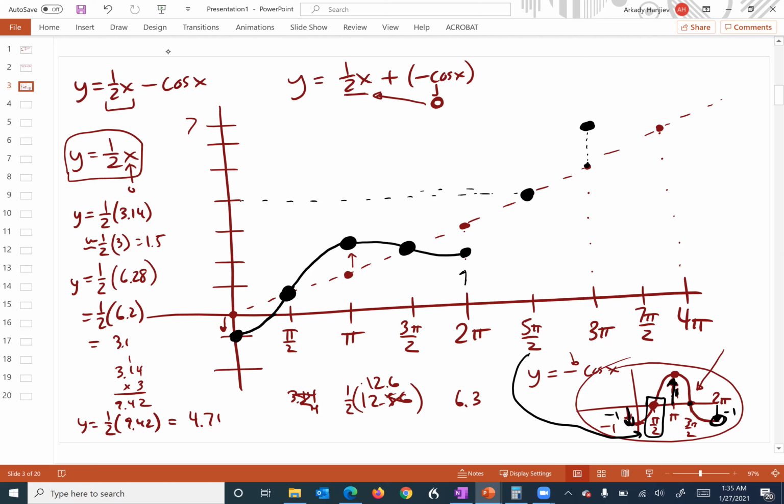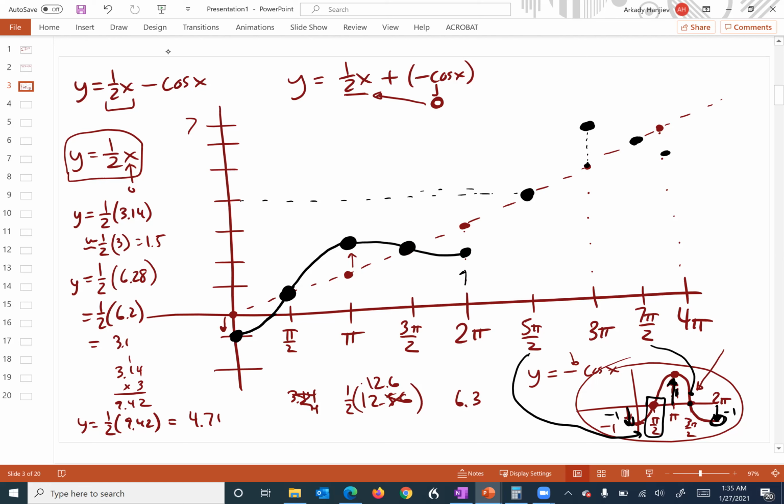At 3 pi over 2, which is the same thing as 7 pi over 2, again, it's going to hit our 1/2 x marker. And then at 2 pi or 4 pi, it's going to go down from our dot that we've made, and we're going to go down 1. So there is my, it's kind of moved off a little bit here.